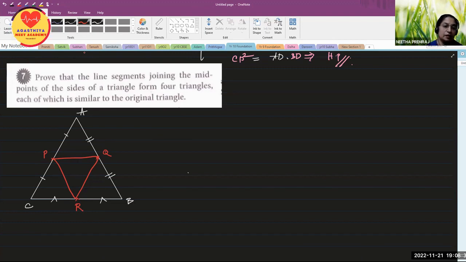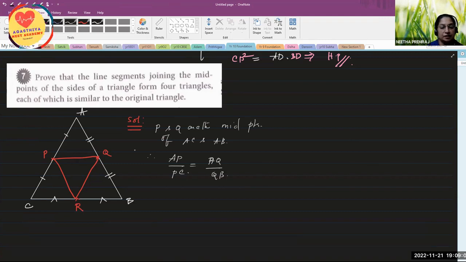See, one thing is very clear. If you see the solution, P and Q are the midpoints, isn't it? Midpoints of AC and AB. Therefore, AP by PC is equal to AQ by QB, isn't it?